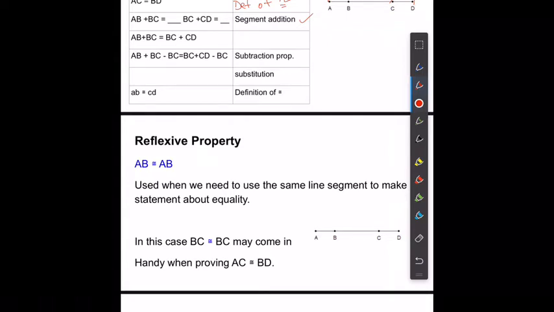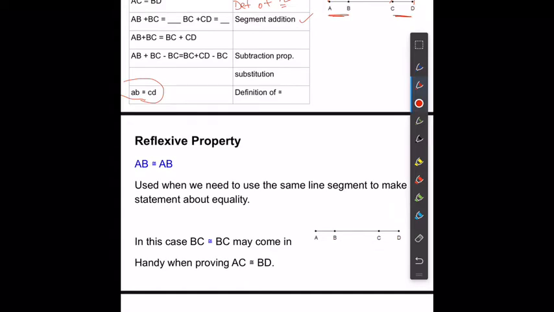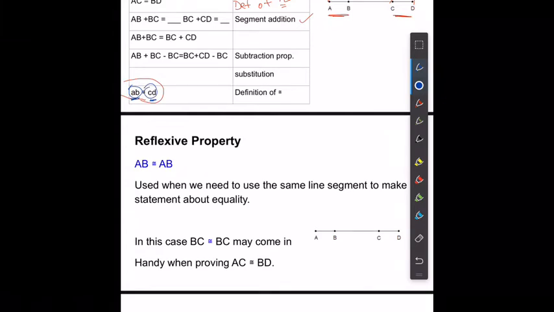Okay, and notice what I'm trying to prove here, you guys. I'm trying to prove that AB is congruent to CD, so that this guy and this guy are congruent to each other. So one of the things that I want to highlight with proofs, because this happens often, is that if we're starting with AC and BD and we're ending with AB and CD, we somehow have to bring these two pieces into our problem because we don't start with them, right?